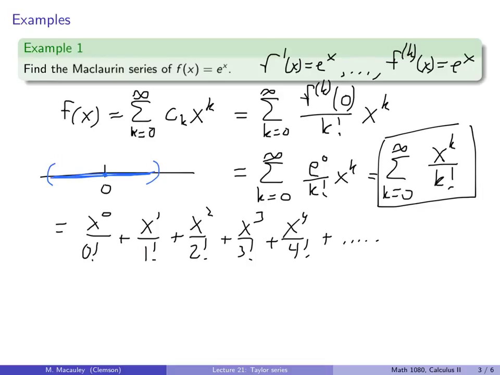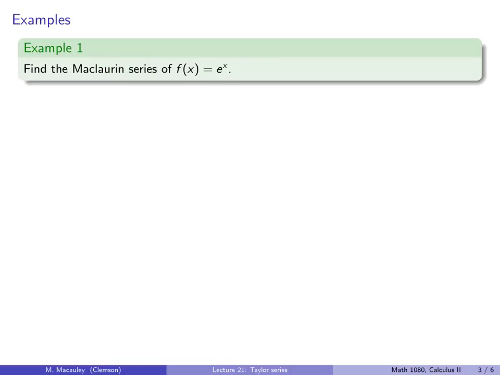Okay, so let me just ask, how do I want to do this? Let me say that the series is, I'll write it up here, the sum from k equals 0 to infinity of x to the k over k factorial.